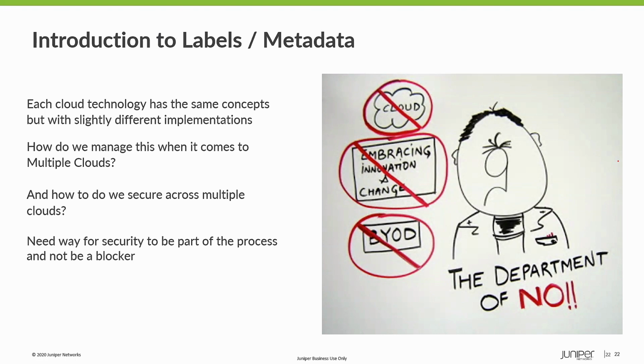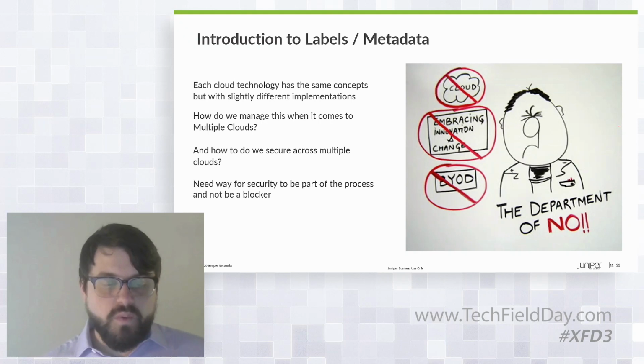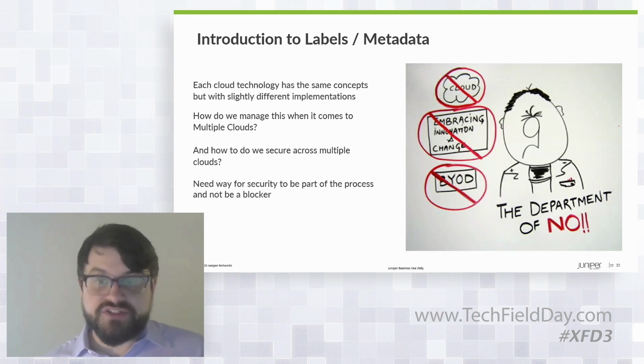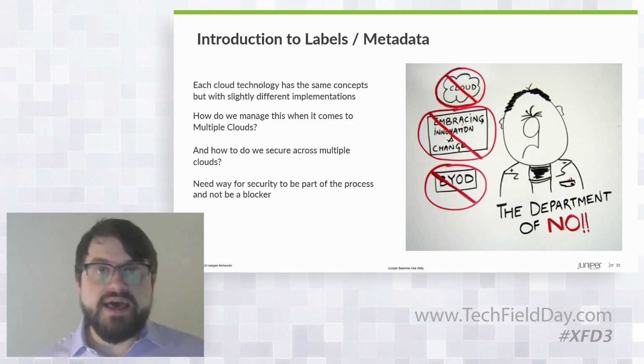So how do we actually accomplish this? It's really all built around tagging and metadata. One thing that all these clouds have in common, AWS, Azure, Google Cloud, is that they all have similar concepts with different implementations. And one of those concepts is metadata associated with cloud instances. So when you deploy a VM or a container to AWS, you can associate a set of tags with it.